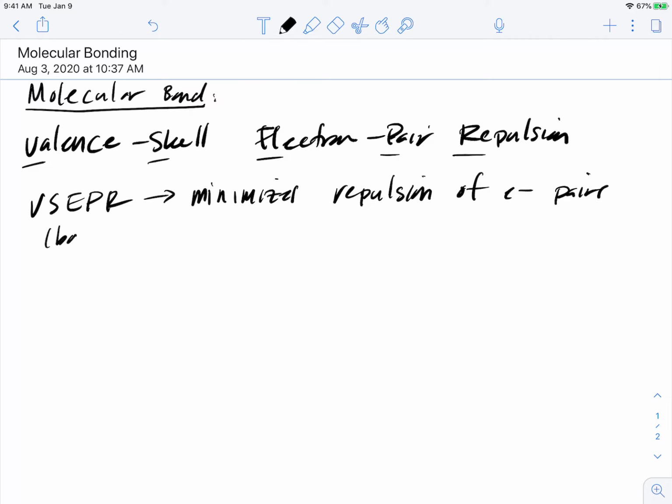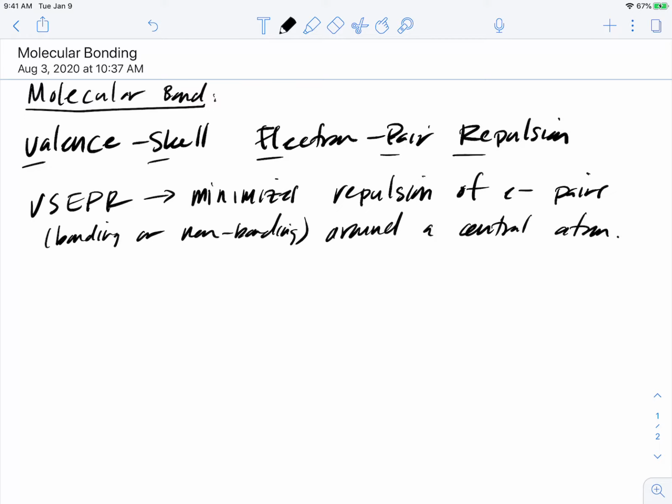So this is bonding or non-bonding, so lone pairs, around a central atom.